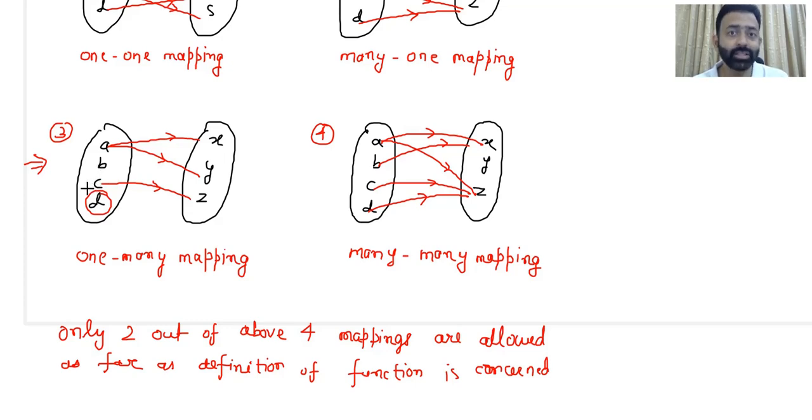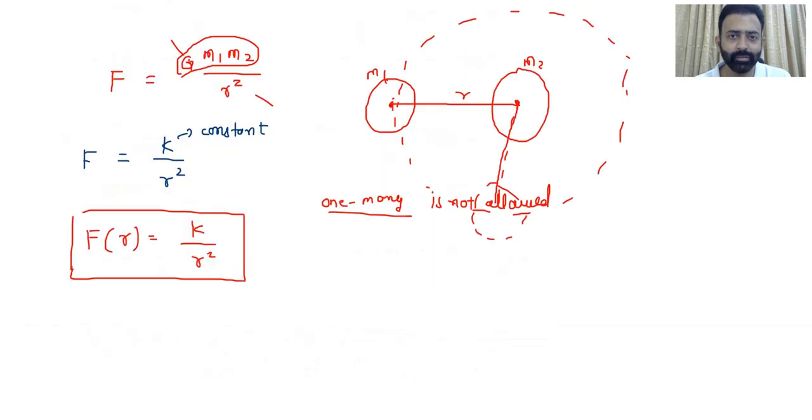So as far as function is concerned, this is not allowed, though as far as mapping is concerned, it is allowed. Okay, but when we deal with functions, this D element should also be occupied.